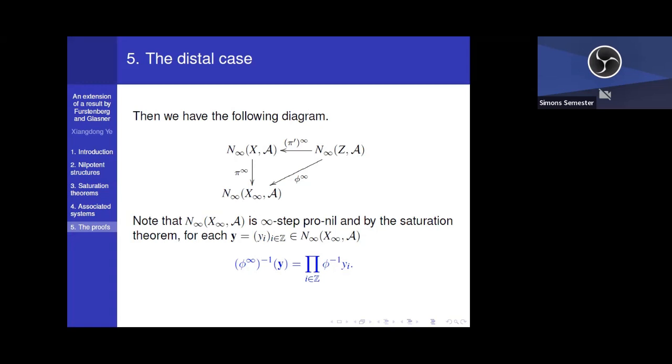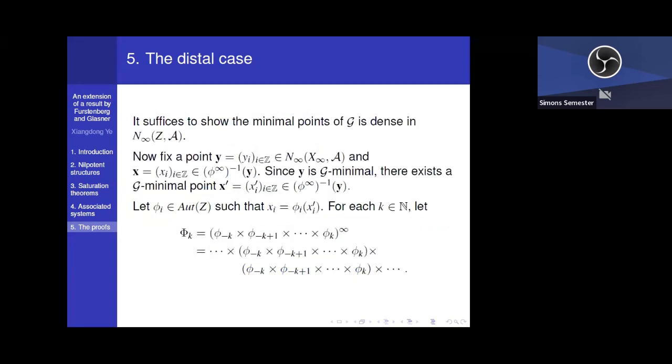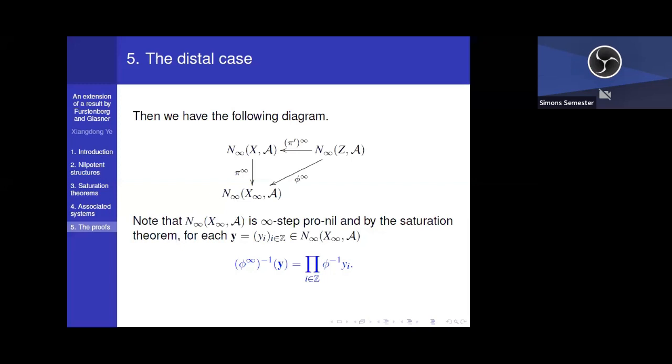This is very important for us. So now we want to prove the minimal points are dense here. It's enough to prove the minimal points are dense here, since it's a factor.